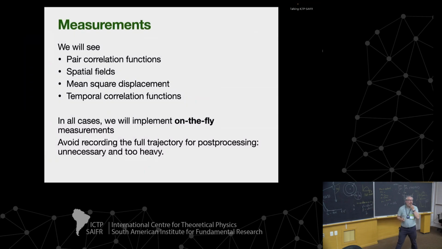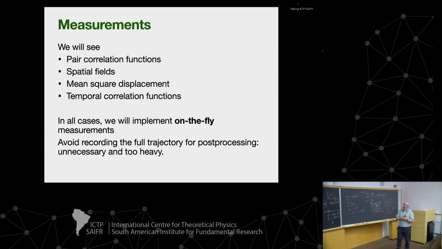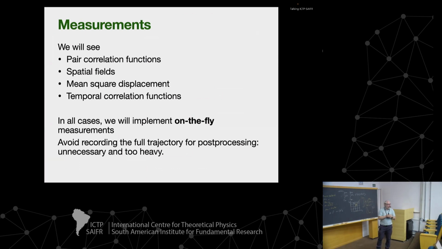But as I said, we run simulations. Why do we run simulations? First, you can get a very nice picture, a video, but normally you want to do something more quantitative, and we want to measure things in the simulations.